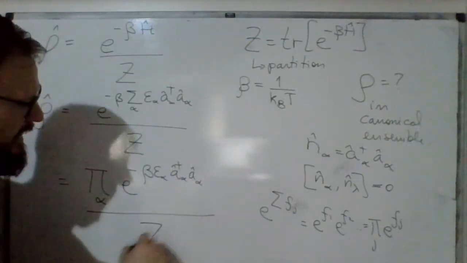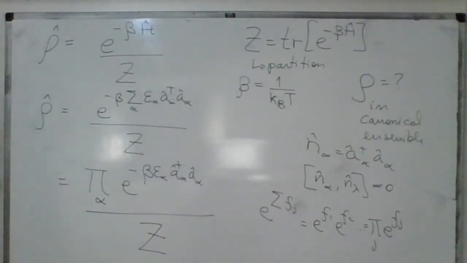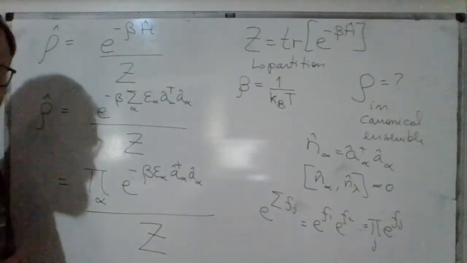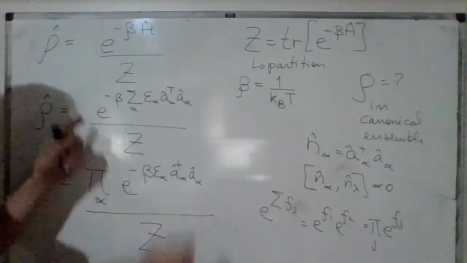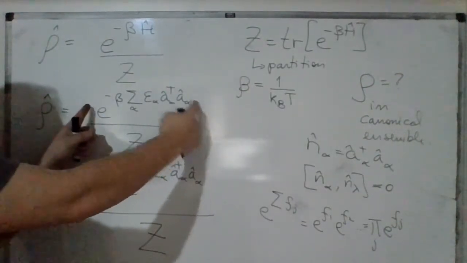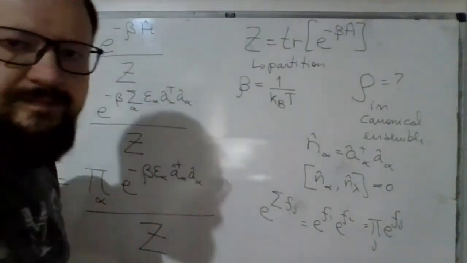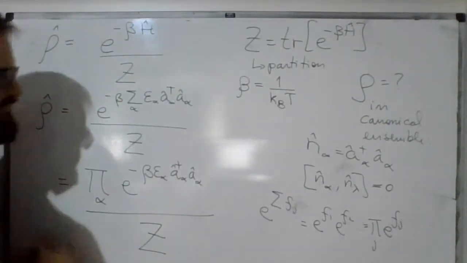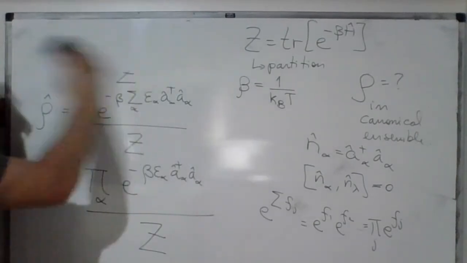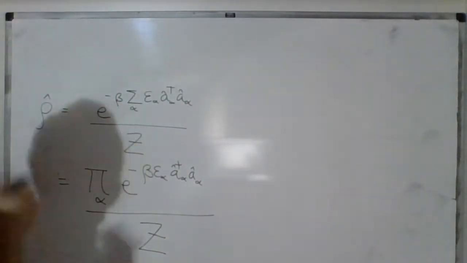It is divided by the whole partition function. The partition function is the trace of the overall quantity here. But notice that the total density matrix is factorized by this product.